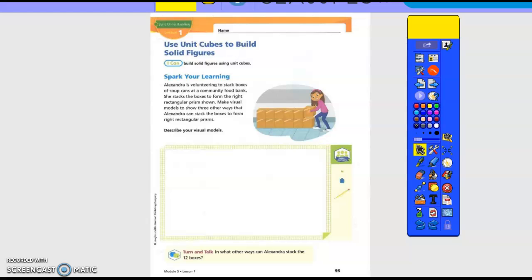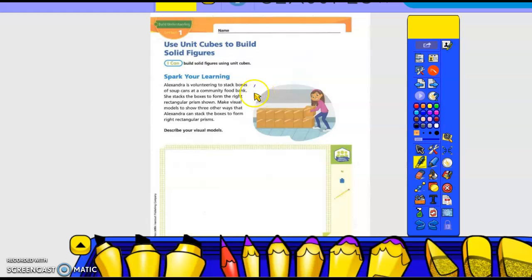Okay, so she has 6 across, 2 up and down, right? And then how many wide does she have them? Just 1, right? Okay, so what's another way we could get 12 using those boxes?